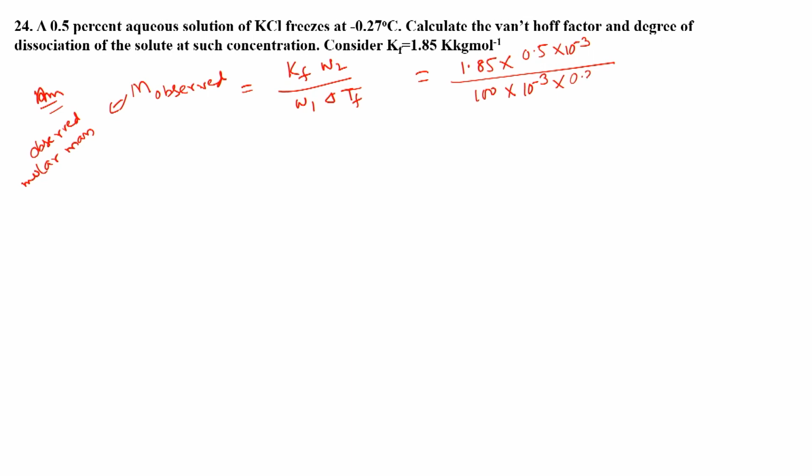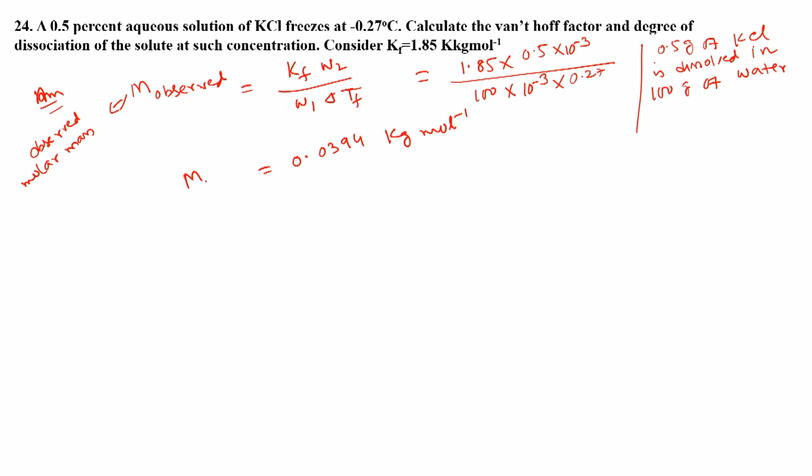Here we are considering 0.5 gram of KCl dissolved in 100 gram of water, because this is a 0.5% aqueous solution of KCl. So if we calculate this one, we get 0.0394 kg mole inverse. This is M observed.